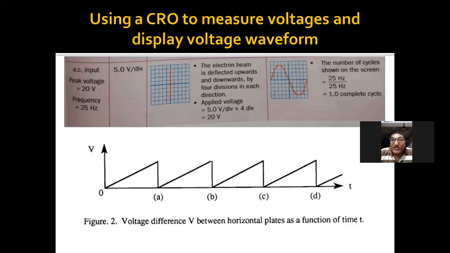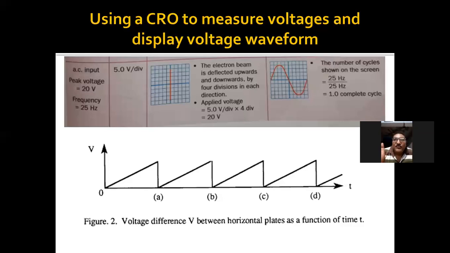So what happens due to this shape, the display of the electrons, which is represented with a dot, will move from the right corner to the left corner of the screen, and immediately it will come back to the right corner again. And then it will go from the right to the left, and again immediately come back to the right corner.